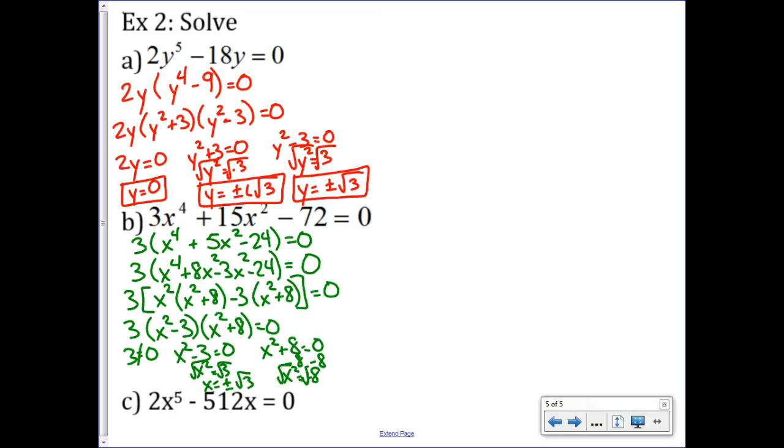Square root on both sides. Now, the square root of negative 8 we can simplify down into plus or minus 2 radical 2. But I also have that negative to deal with, so that's an i coming out front. So 2i radical 2. And then we also had plus or minus radical 3. So in this case, we had 4 different answers as our solutions.